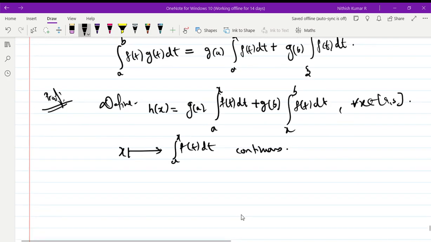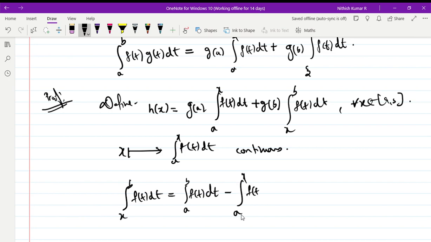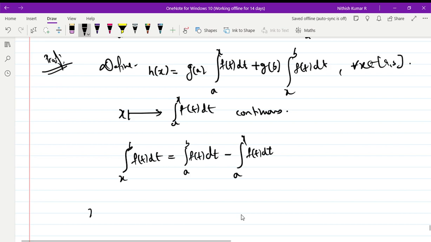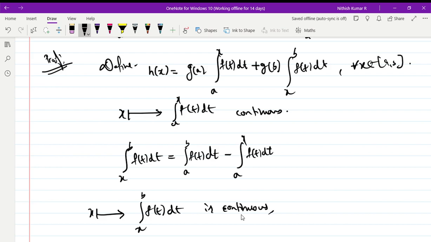Also, the integral from x to b of f(t) dt is equal to the integral from a to b of f(t) dt minus the integral from a to x of f(t) dt, so x going to the integral from x to b of f(t) dt is also continuous.